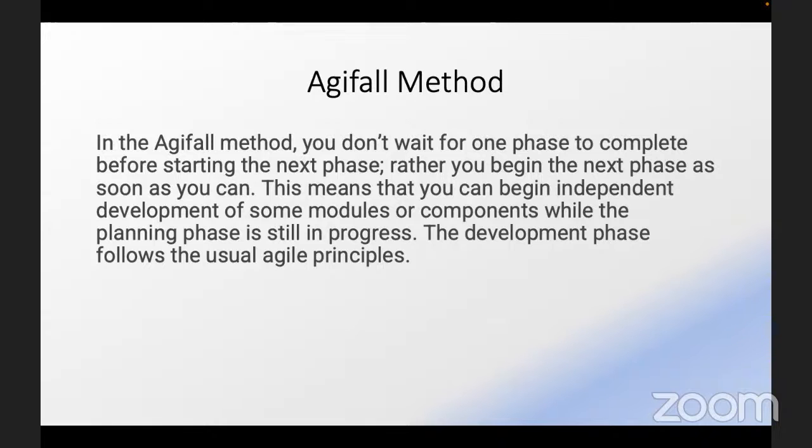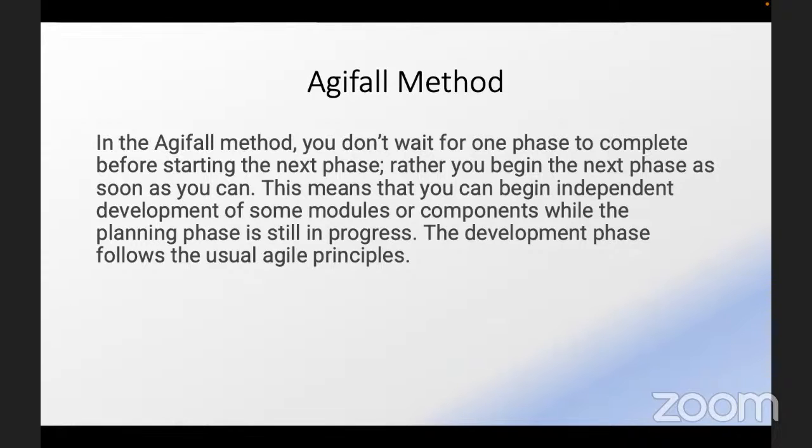Instead, this is the point of intersection. This is where waterfall meets agile. That is, we make our waterfall process flexible, so that we can begin another phase as against the traditional waterfall model. We can begin another phase while one is yet to be completed.